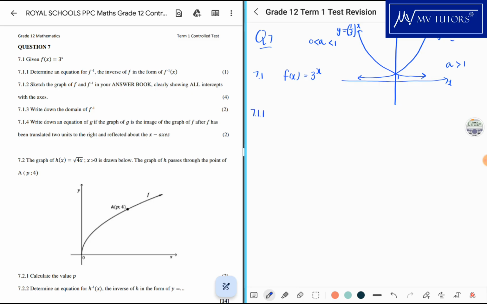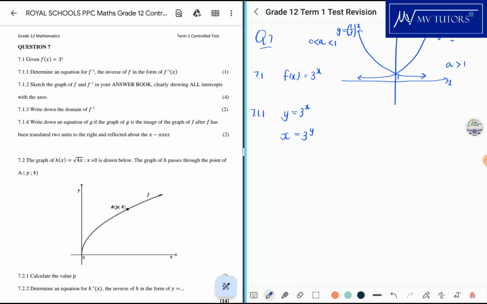It's always good to know visually what you're working with. So 7.1.1 says, determine an equation for the inverse function of f in the form f to the power negative 1 of x. So I'm just firstly going to write it like this. y is equal to 3 to the power x. If they want an inverse, then you should know by now that you are going to swap the x and the y.